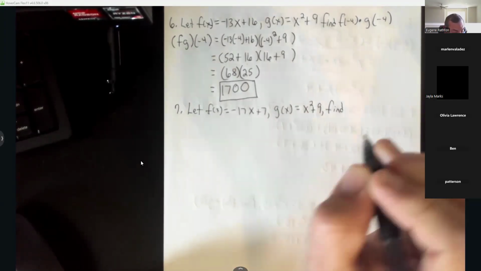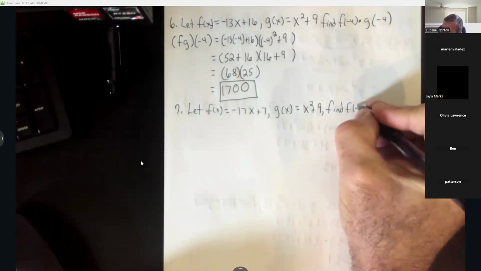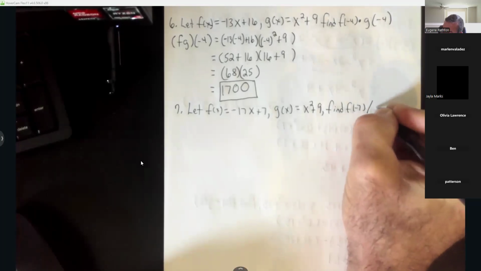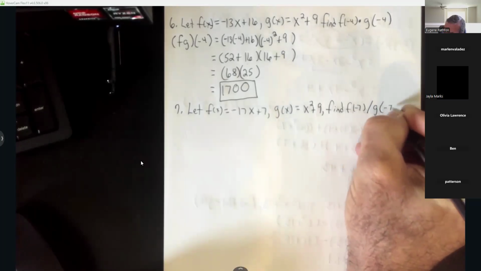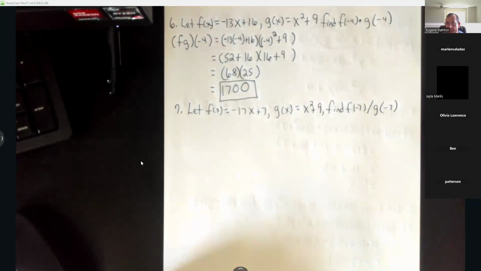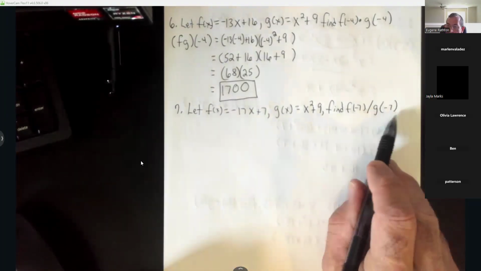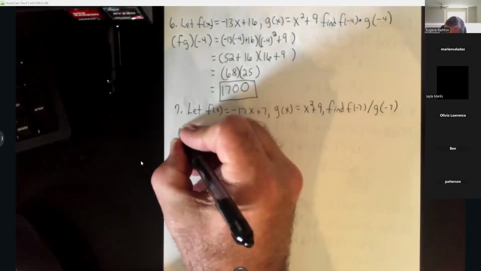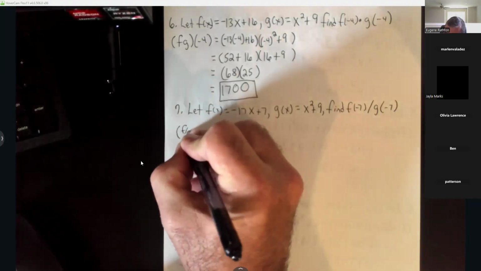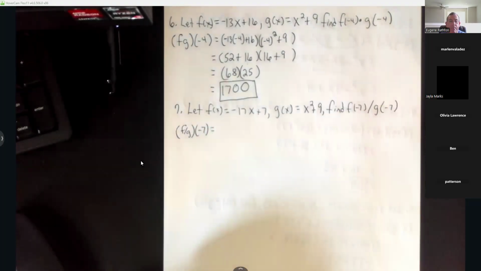We're going to find f of negative 7 divided by g of negative 7. So a little bit of division here for us. They got the same number again. So we're basically finding f divided by g of negative 7.